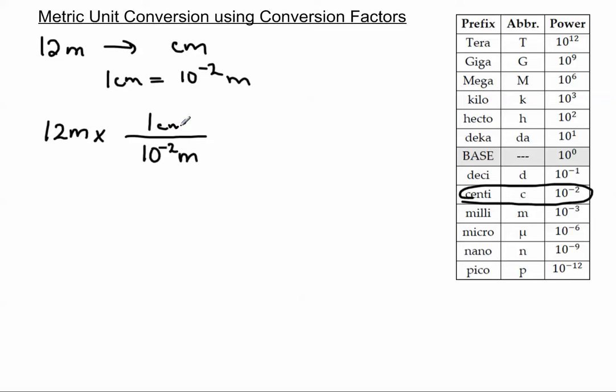We put our 1 centimeter on top. So our meters cancel, and we're left with 12 over 10 to the negative 2 centimeters. 10 to the negative 2 is 1 over 100, so when we divide that out, we end up with 1200 centimeters.